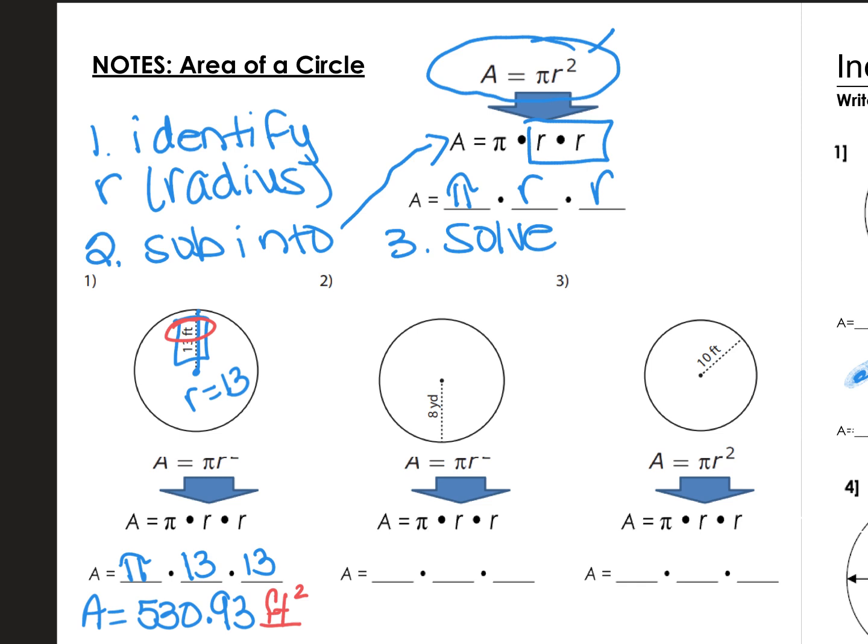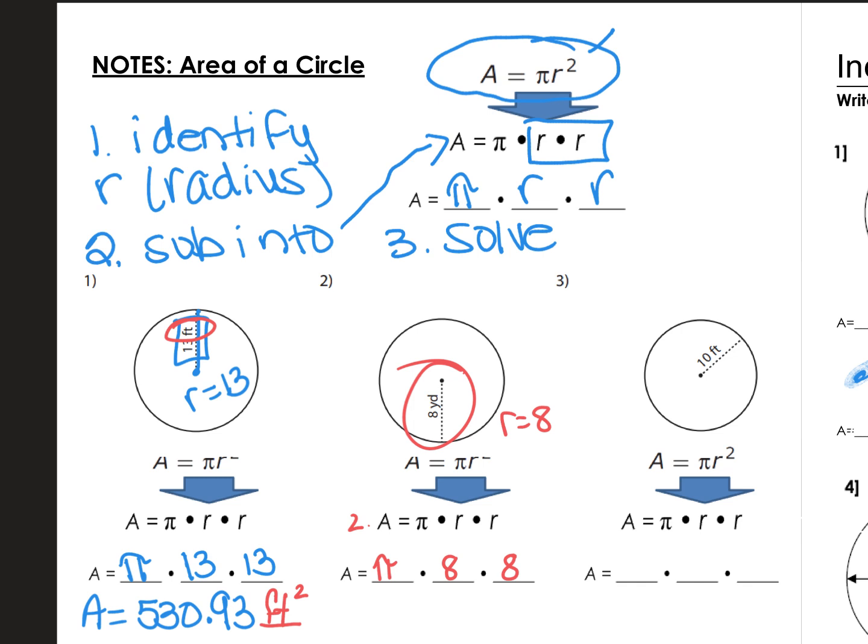First step, identify the radius. Did you identify the radius as 8? You got it. There's the radius as 8. So I know that my r equals 8. And now step 2, plugging it into my formula. So I know my area equals pi, using the pi key in my Desmos calculator, and then multiplying 8 times 8.